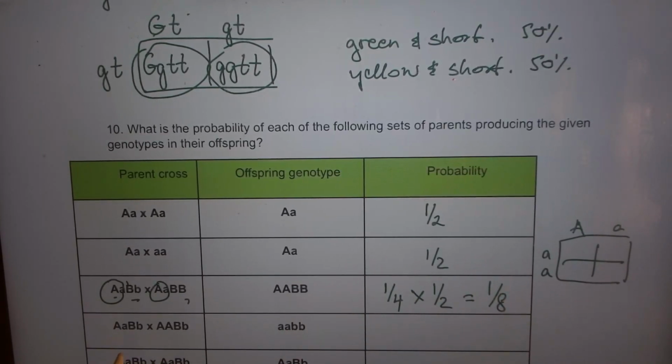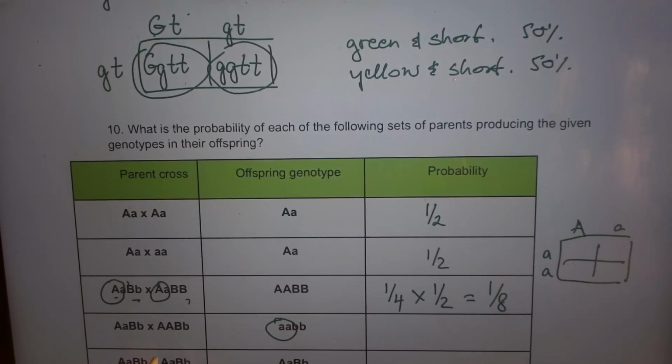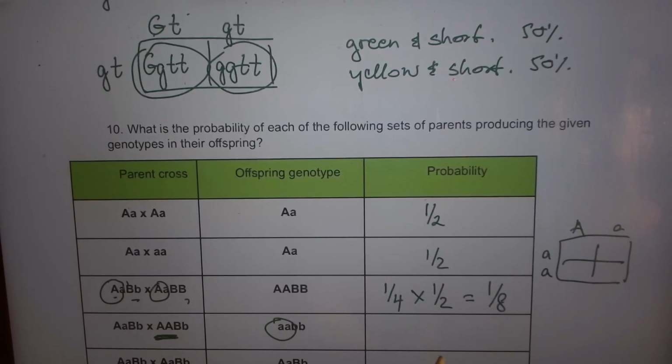The next question is interesting because we are looking for lowercase a, lowercase a. It's not going to happen because parent 2 cannot contribute a lowercase a for the offspring, so the probability is 0.